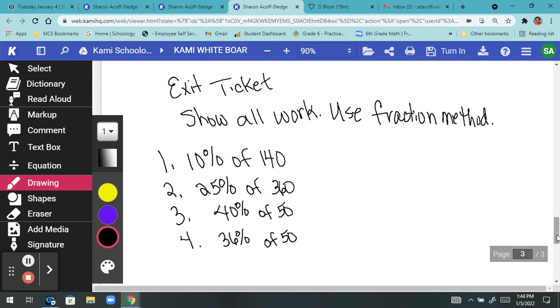Can y'all read that? So we got to find 10% of 140. Find 25% of 360. Find 40% of 50, and then 36% of 50.